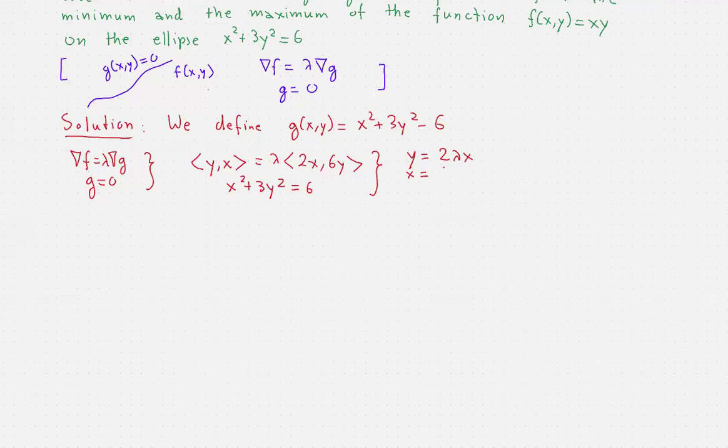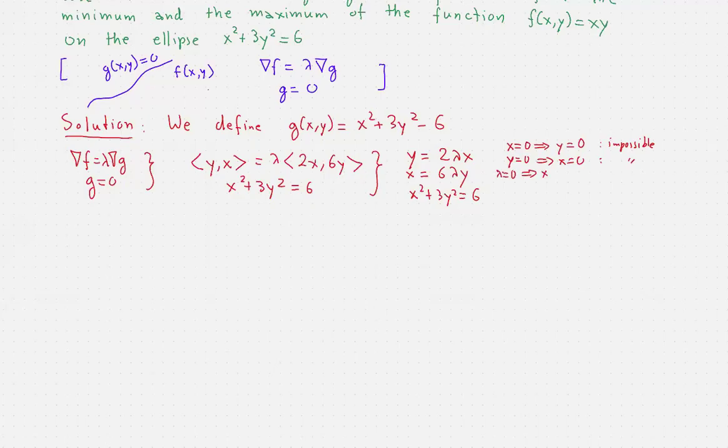Now we're in a situation where there's a pretty straightforward observation: if x is 0, then that implies that y is 0, which is impossible, because x 0 and y 0 do not fit the constraint. Then if y is 0, then again x is 0, and that's also impossible. And same thing if lambda is 0. If lambda is 0, because of both the first and the second equation, we get x is 0 and y is 0, which is also impossible.